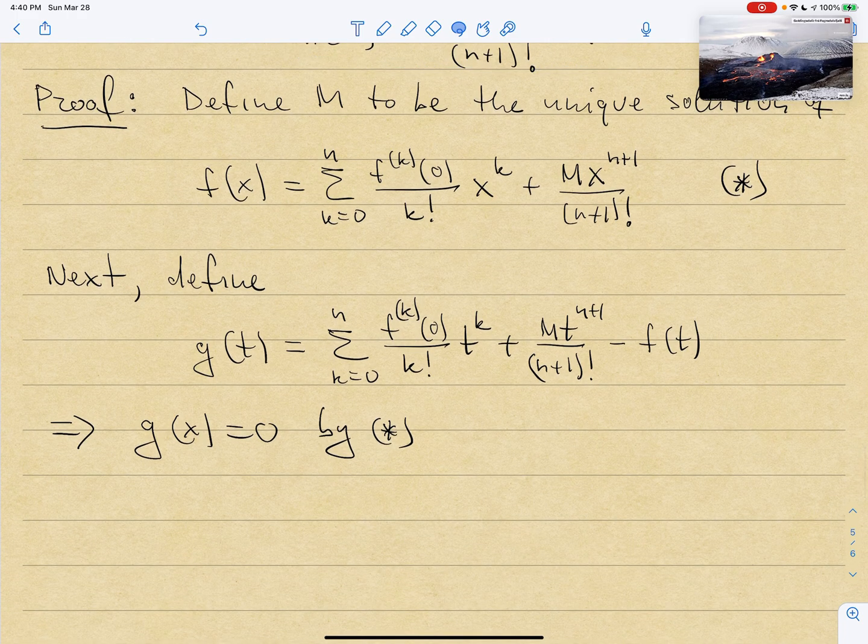All right, so g of x is equal to 0 by star. Also, for the lack of better things to do, let's compute g of 0. What is g of 0?